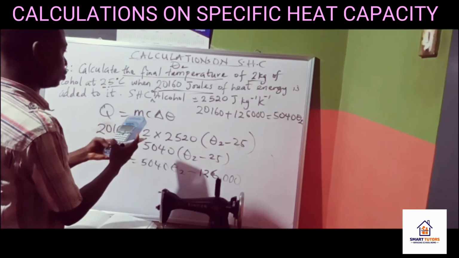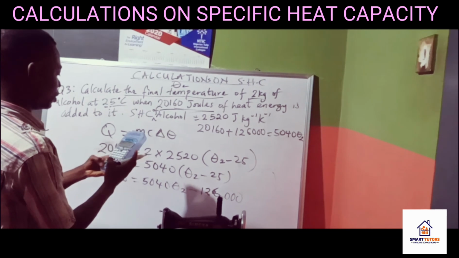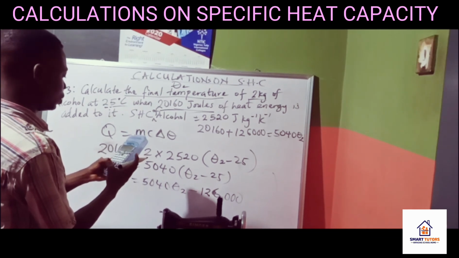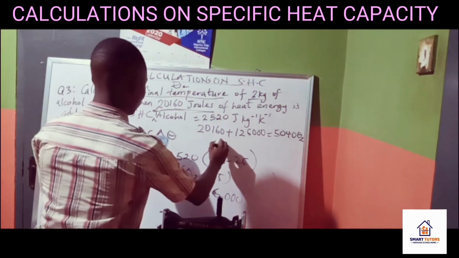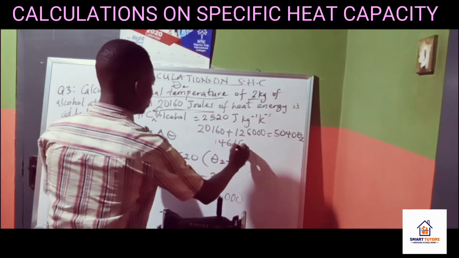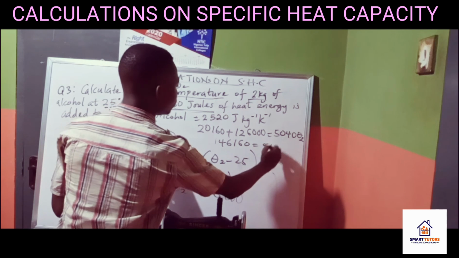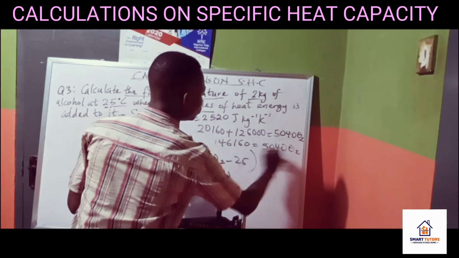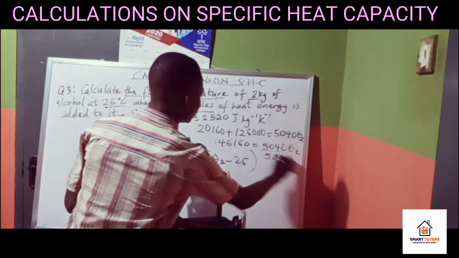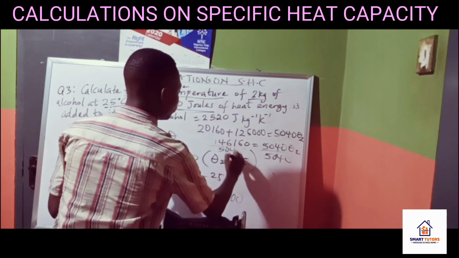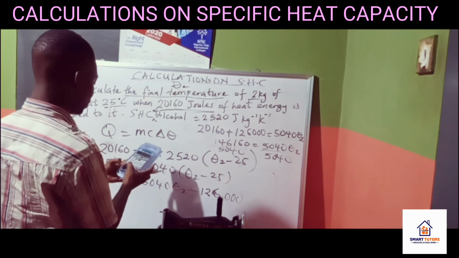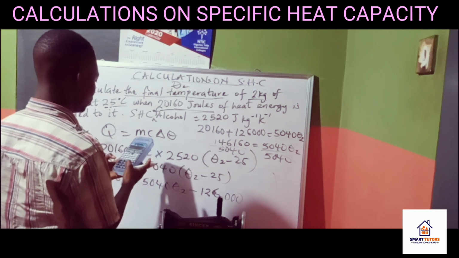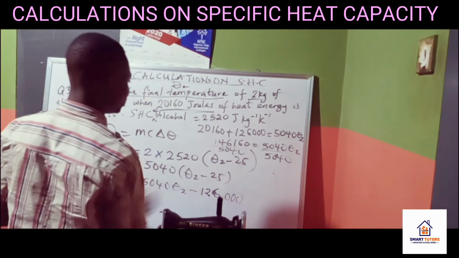So 20160 plus 126,000 equals 146,160 equals 5040 theta 2. I divide both sides by 5040, so my answer is 29 degrees Celsius.